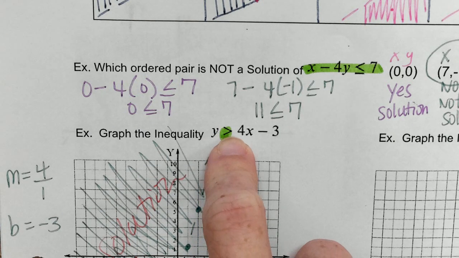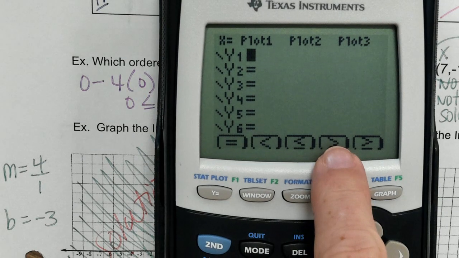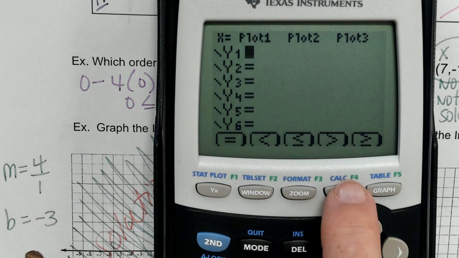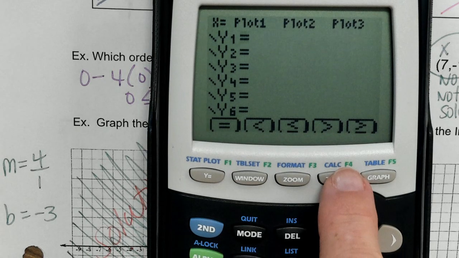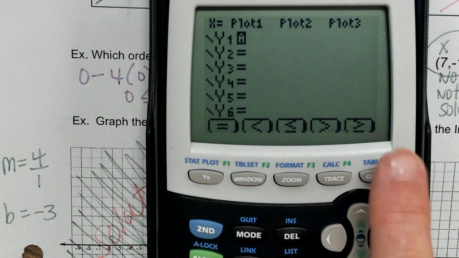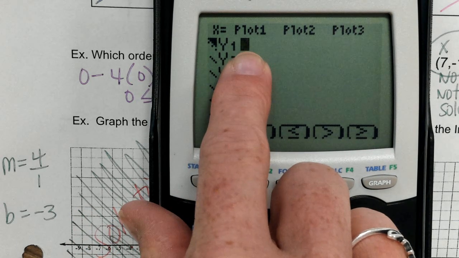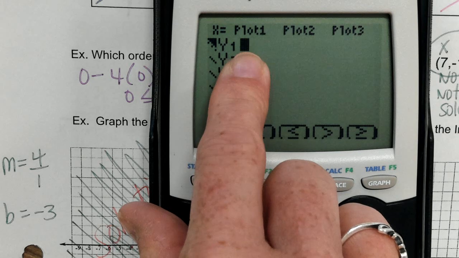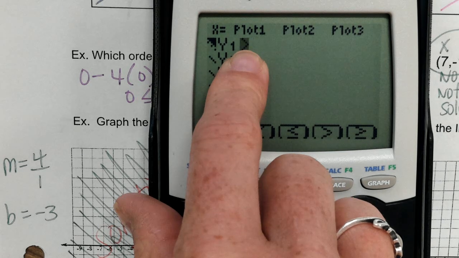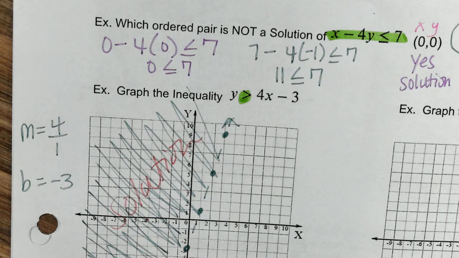That's a greater than sign. So if I want this one, it is F4. How would I access F4? Alpha F4. And look what it did right here. It changed it from equal to greater than. Are y'all with me?